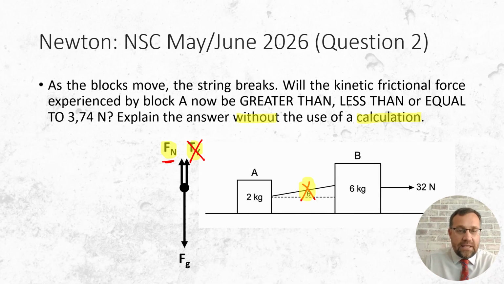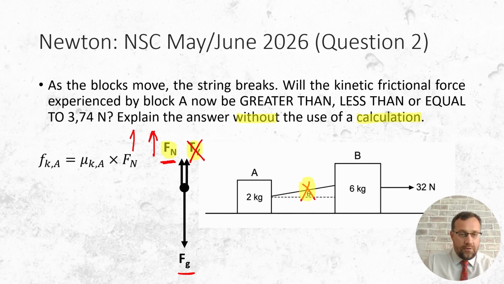And that means that Fn should increase. Why do I say that? Because F net remains 0. The block is still on the ground. It's not going upwards, it's not going downwards. So Fn must now increase to a value equal to the weight. So if we look at our equation, Fn increases.